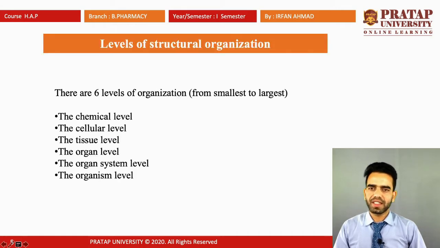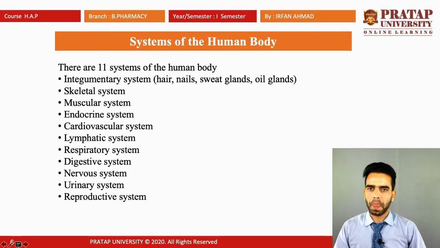So there are various levels of structural organization, from smallest to largest: the first level is the chemical level, the second is the cellular level, third is the tissue level, then the organ system level, and the organism level. These are the various levels of structural organization.